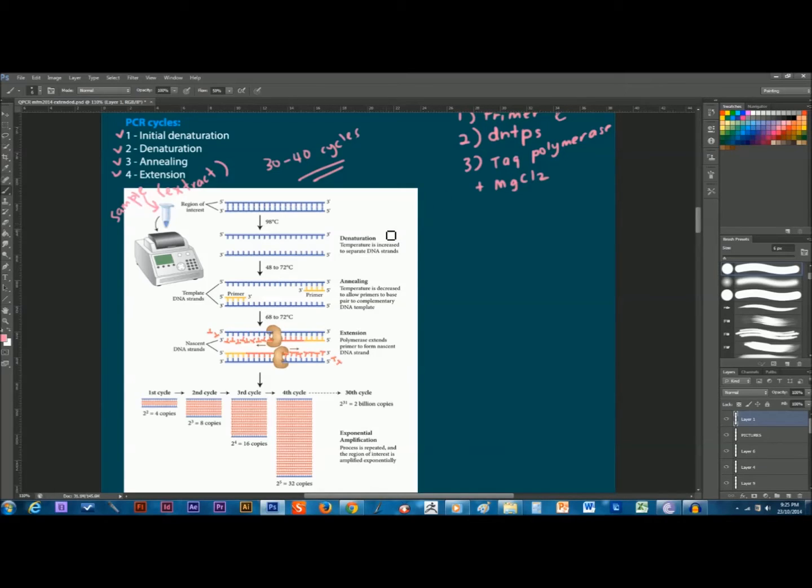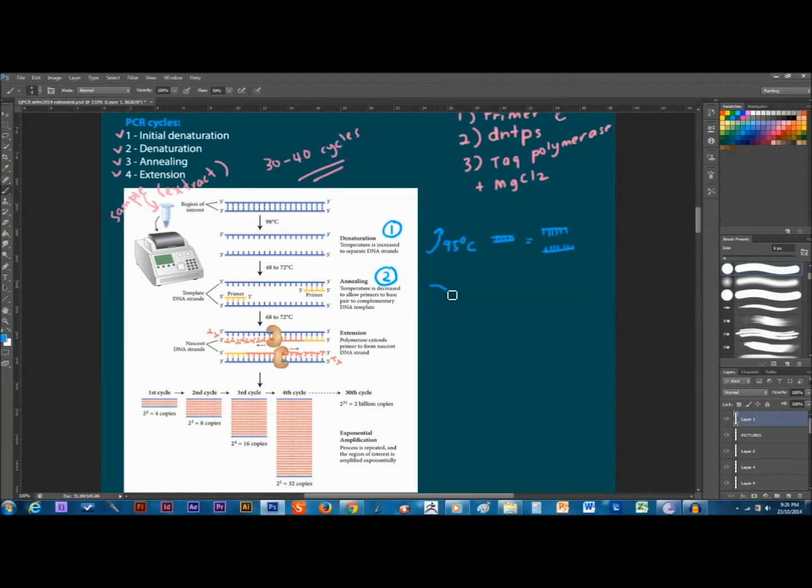So let's look at the steps. The first one, denaturation. What happens? We increase the temperature, usually up to 95 degrees Celsius. So the temperature is increased to separate the DNA strands. In this step, the double-stranded DNA unwinds into single-stranded DNA. The next step is the annealing step.